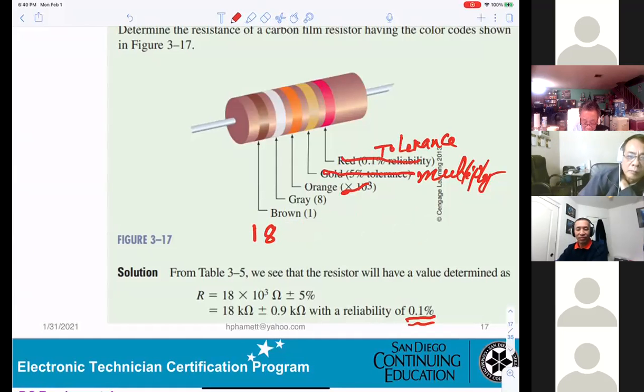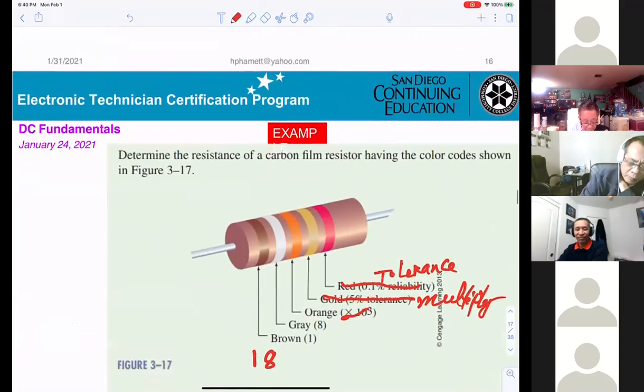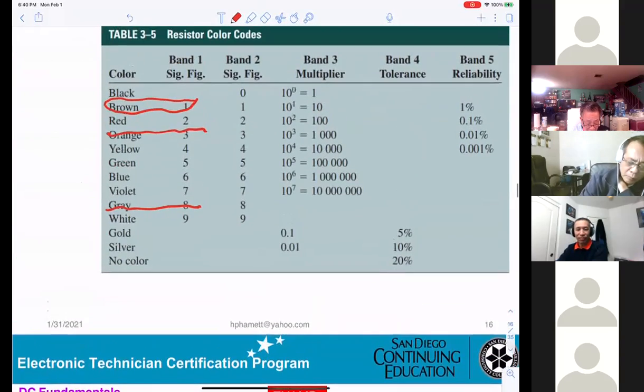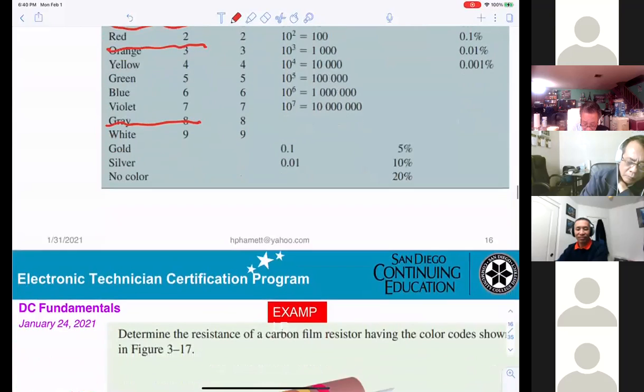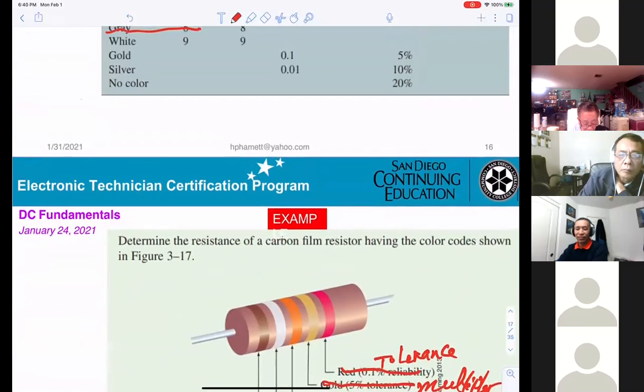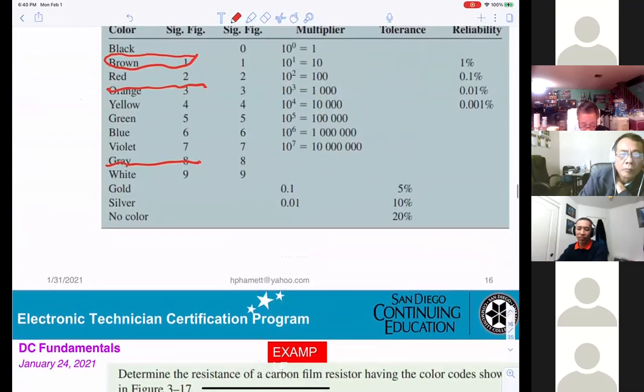Orange, number 3. Oh, man, 5%. This one is screwed up.